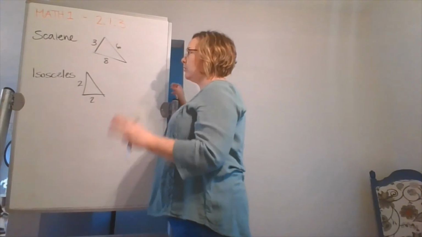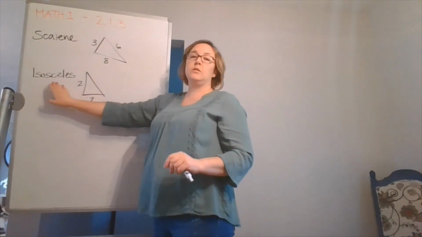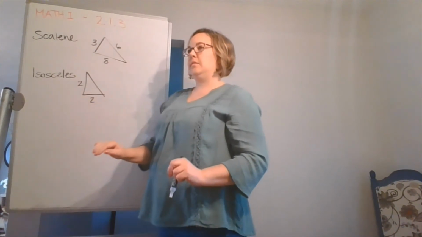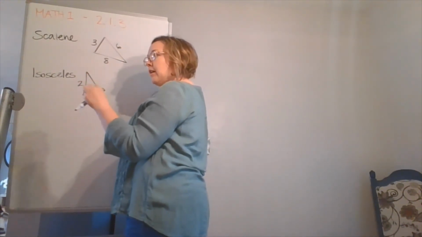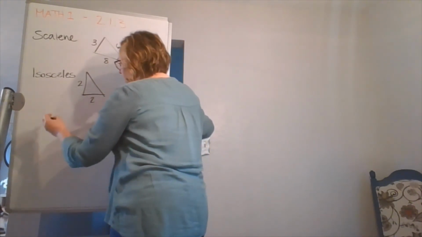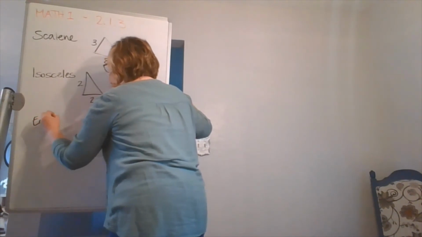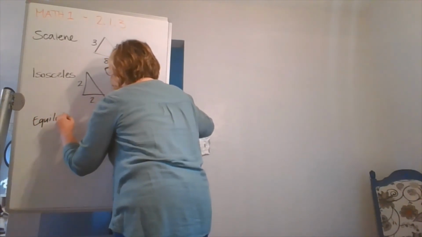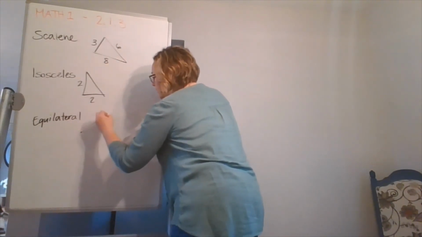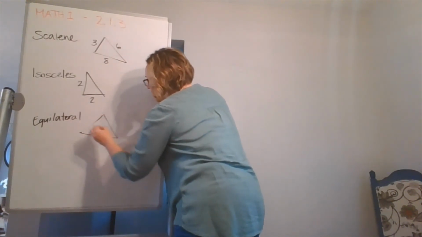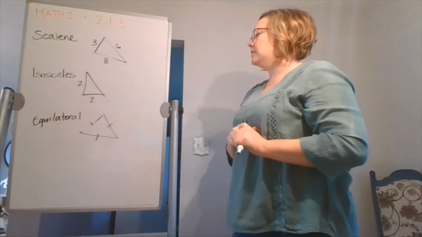There is a third type based off of the side measurements, and it's actually a subset of isosceles. All three sides are equal. It's called an equilateral triangle. I'm sure you've heard of it. When we make note of all three sides being equal, we put little tick marks in them.